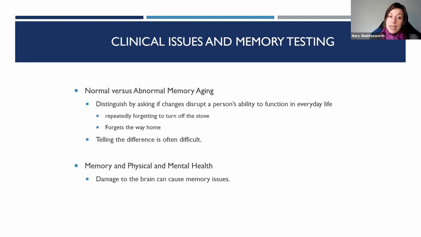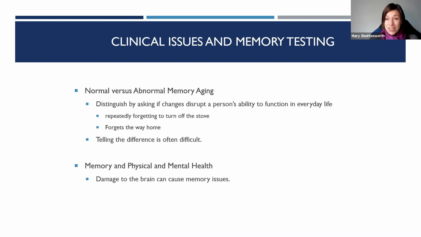So there's a big difference between forgetting where I put my keys, but then I eventually find them, compared to I forget to turn the stove off, and that's obviously seriously jeopardizing my health. Or I drove to the grocery store and now I can't remember how to find my way home. So those are probably more serious issues.